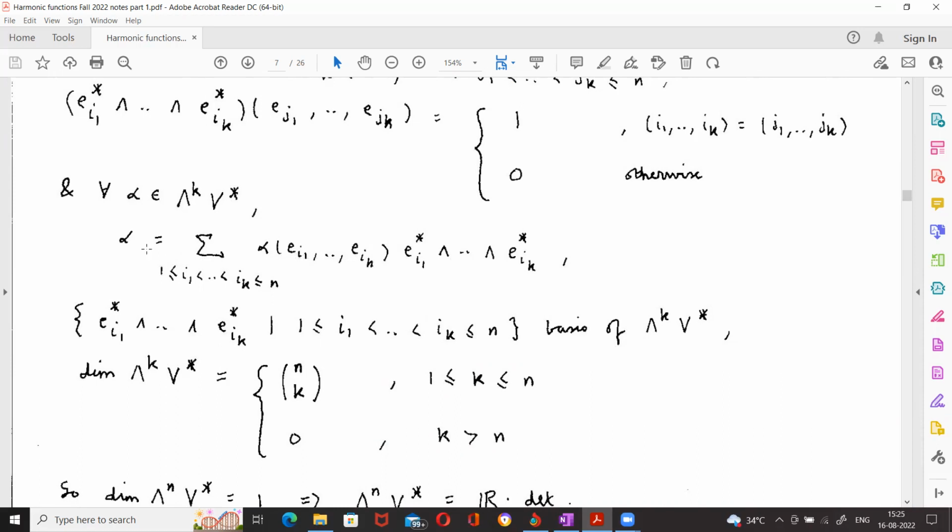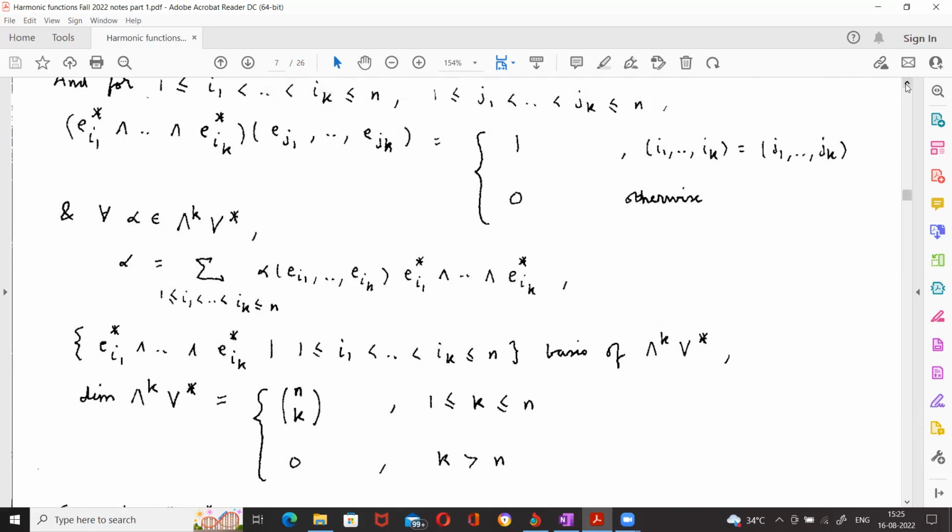Okay, so I claim that we have this representation. Why is this true? Because the left-hand side and right-hand side are both alternating k-tensors. To show that they are equal, it suffices by multilinearity to show that they are equal on k-tuples of basis vectors.